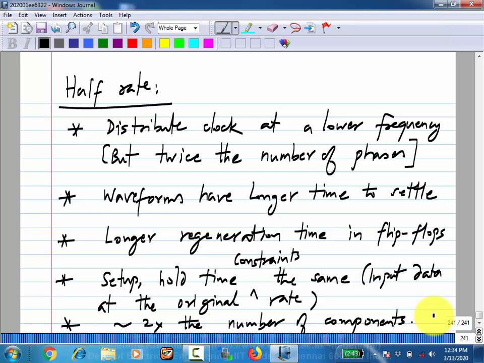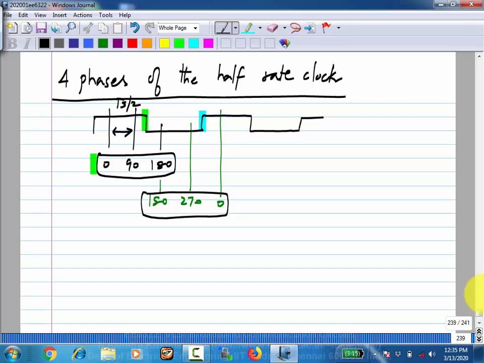Any questions about this, the half rate phase detector? What is the latency we have now?